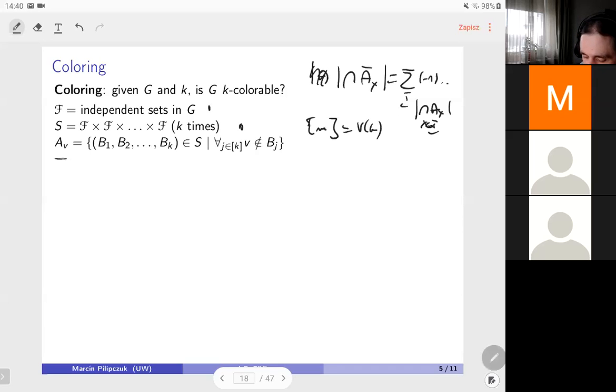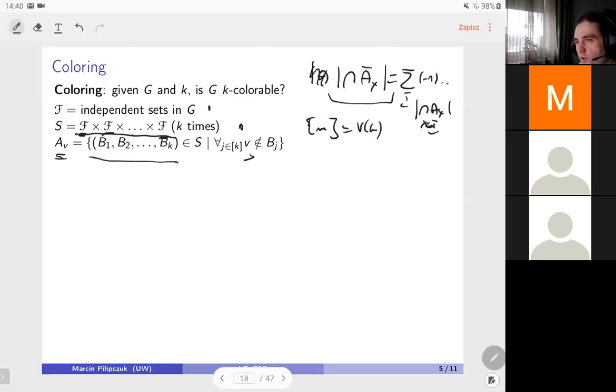So these are K-tuples. Think of them as: color this independent set with color 1, this independent set with color 2, and so on, this independent set with color K. And A_V are these colorings, or let's call them coloring attempts, that don't color vertex V. They miss vertex V, they're wrong because of vertex V. And again, I'm looking for whether there is any coloring that's correct.